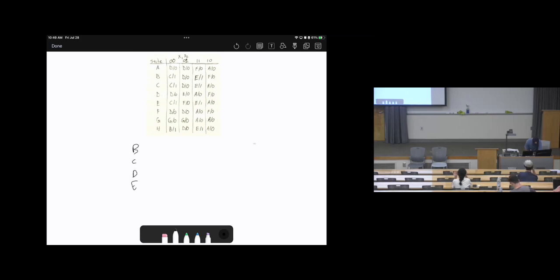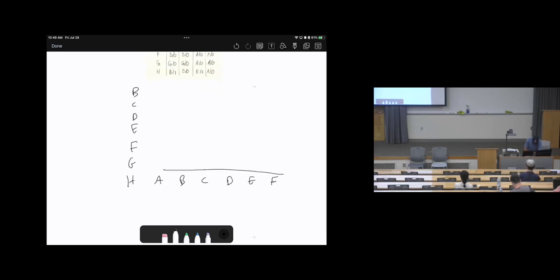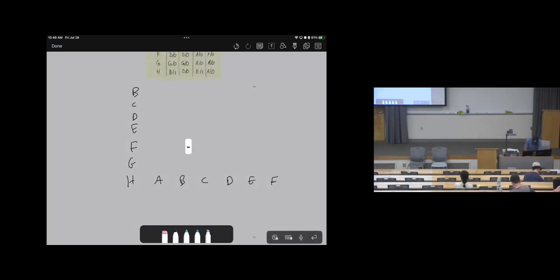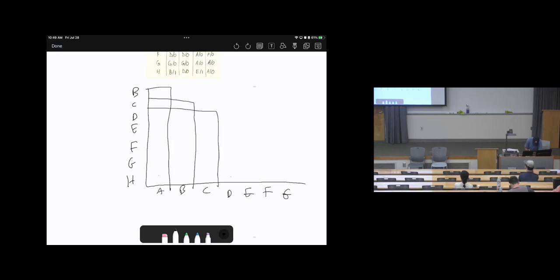B, C, D, E, F, G, H. Here is A, B, C, D, E, F, G. Here is A. Here is B, C, D, E, F, G. Then let's start crossing.